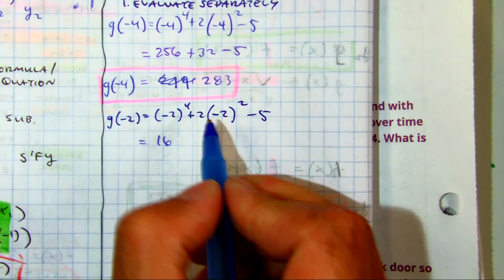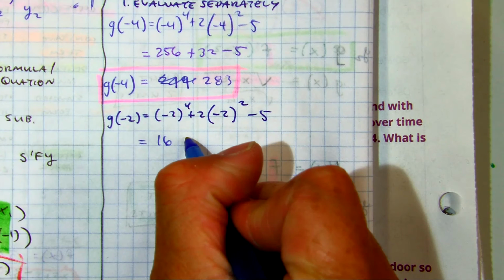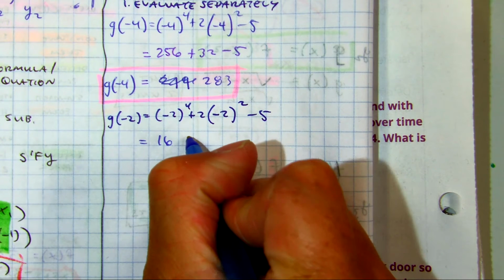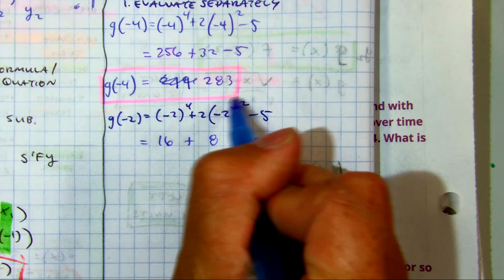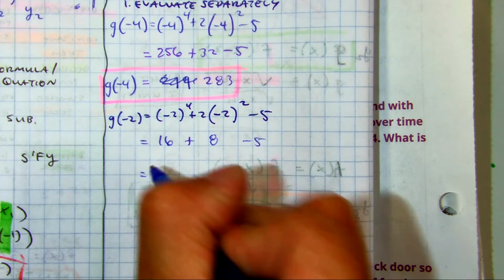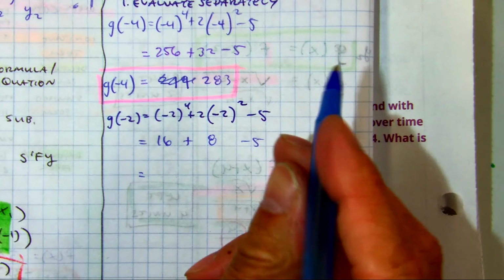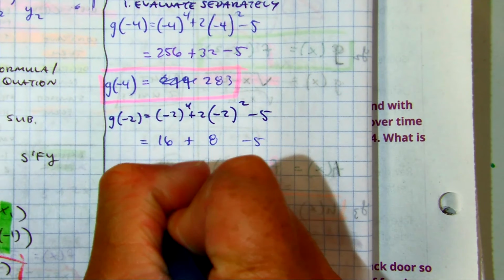Girls, -2 squared times 2. So this would be positive 4, and positive 4 times 2 gives us 8. Girls, 16 plus 8 minus 5. So I have g of -2 equals 19.